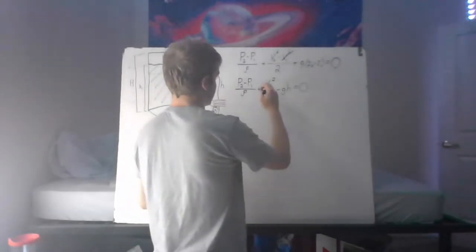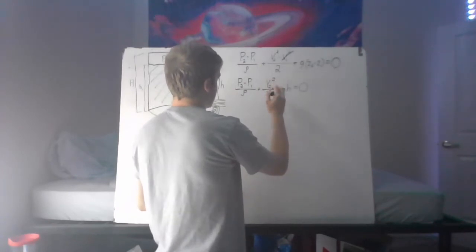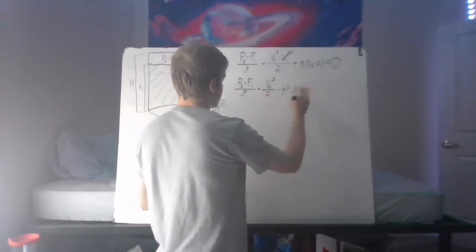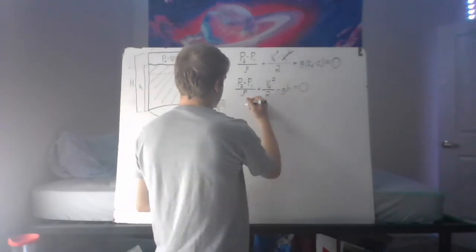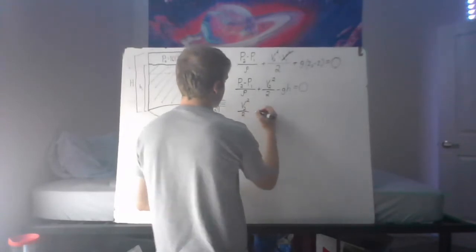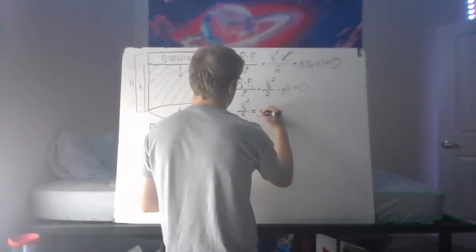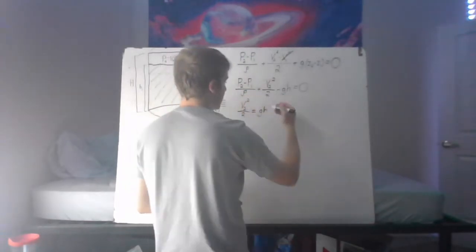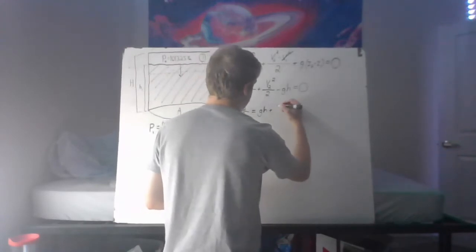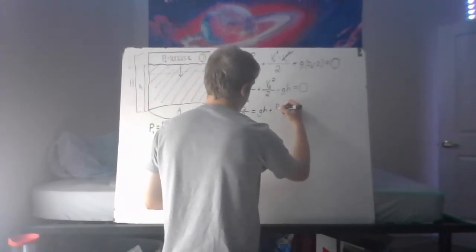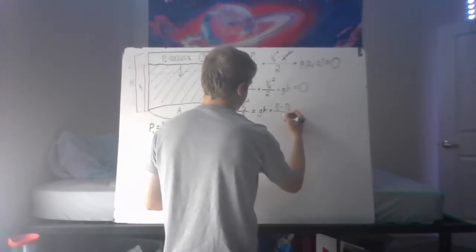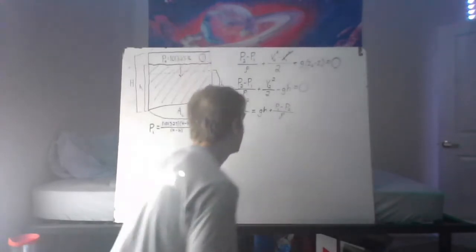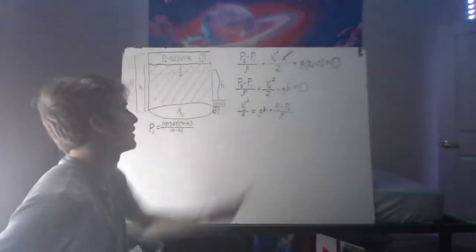Now we want to get this V2 on its own side. We're going to add gh and subtract this on both sides. So we get V2 squared over 2 equals gh. I'm actually going to flip these in order to keep this positive, so plus P1 minus P2 all over rho. Now all we need to do is plug something in for P1 and P2.